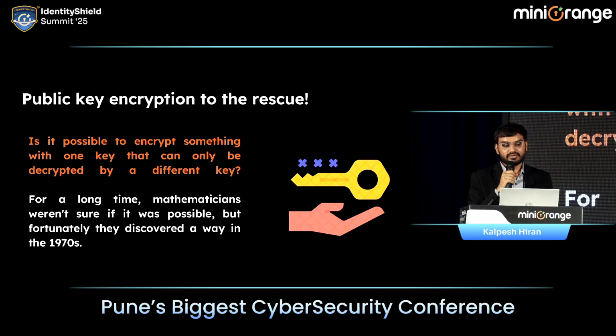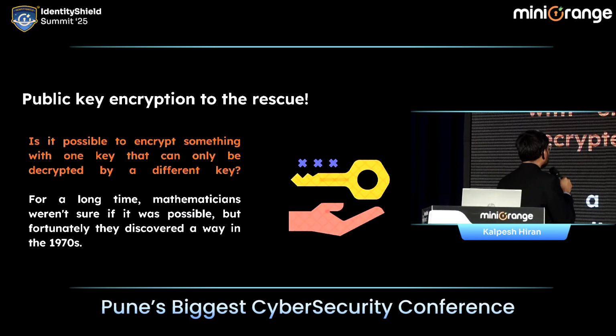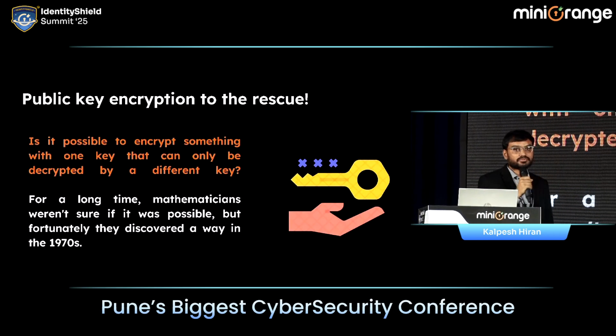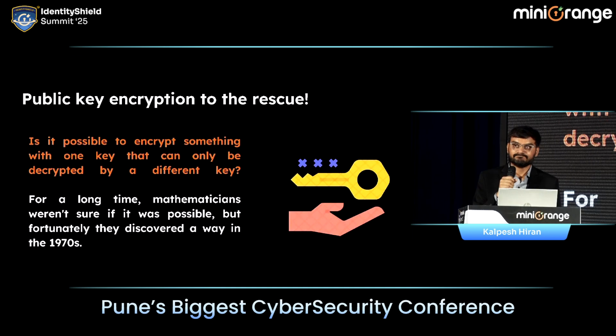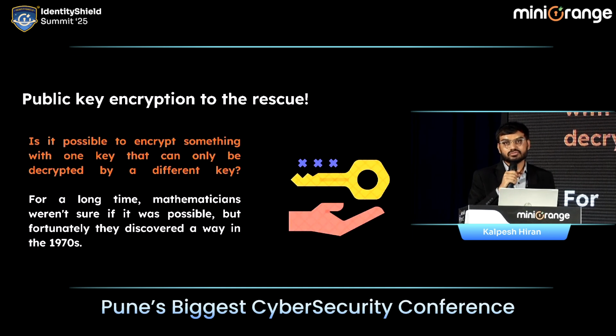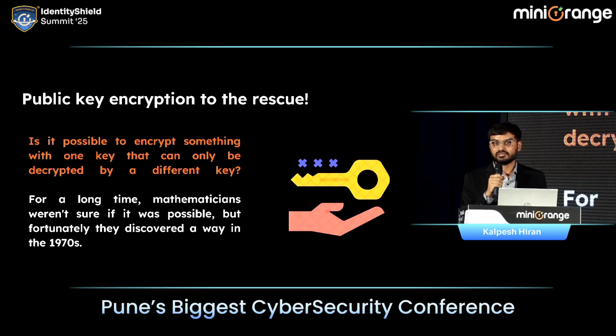For that, we have public key encryption to the rescue. So what is public key encryption? In public key encryption, you encrypt with one key that can only be decrypted with the other key. The key which is encrypting your data, you can't use that to decrypt.